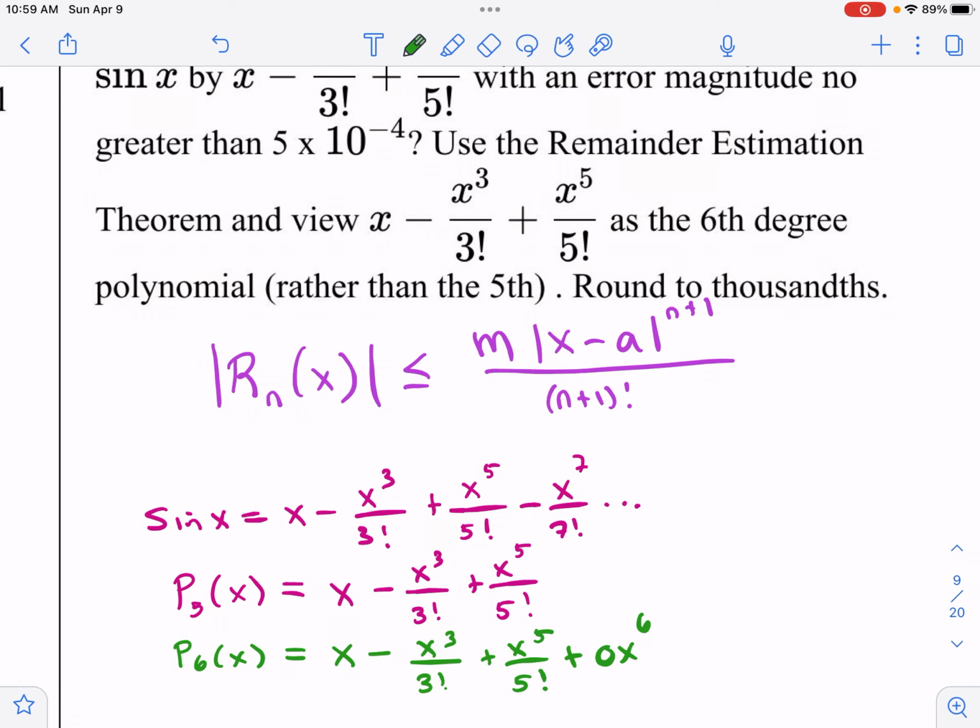And why would you do that? Really just in this specific problem, you do that because it tends to give you a little bit more precise estimation of your error. There's nothing wrong with thinking of your polynomial as a degree 5, that'll work. But if you use a degree 6, you actually get a little bit more accurate statement. The metaphor would be like you have to get work done in your car, and the mechanic says, well, it won't cost you more than $500.